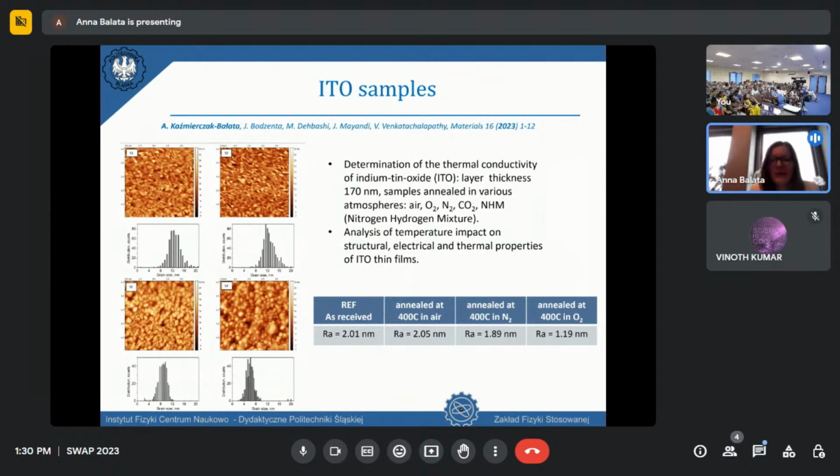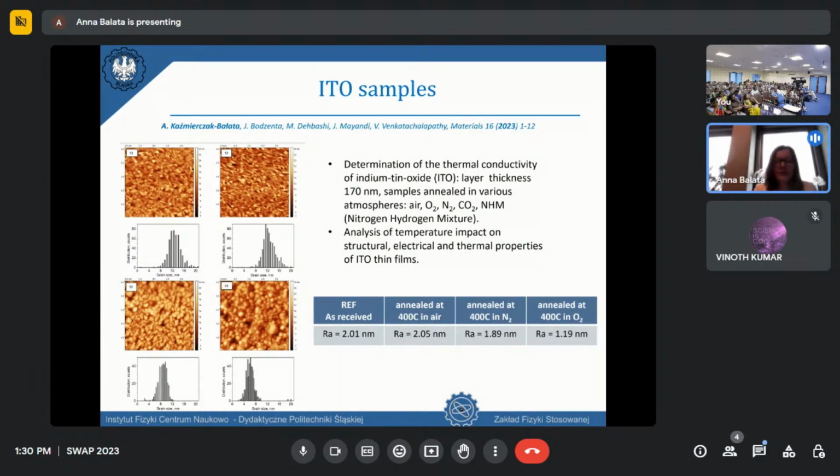This was a very interesting group of samples because they were annealed at various temperatures in air, oxygen, nitrogen, carbon dioxide, some mixture of nitrogen and hydrogen, and vacuum. And we analyzed the temperature-induced changes in structure, electrical, and thermal properties of indium tin oxides.